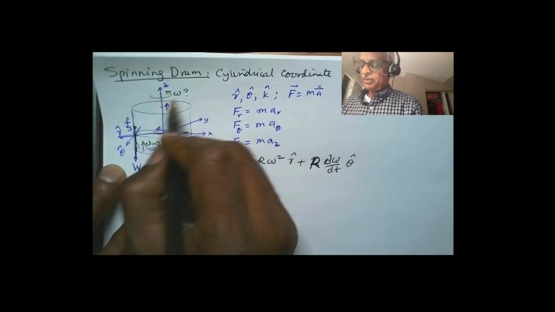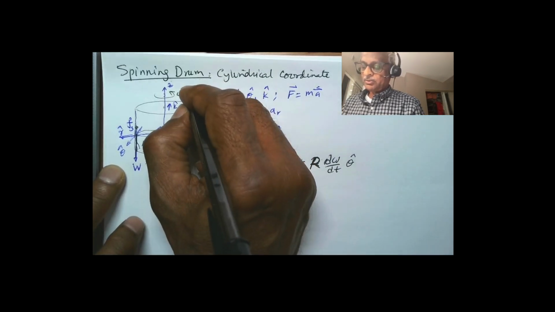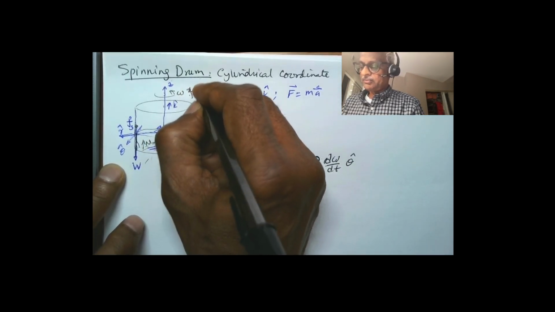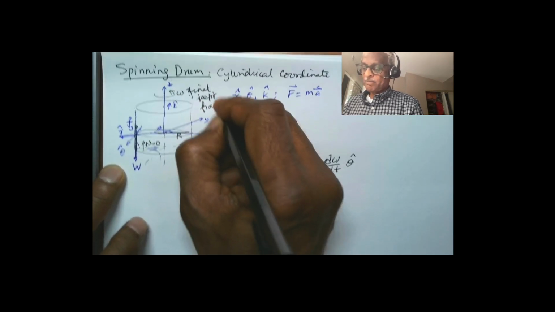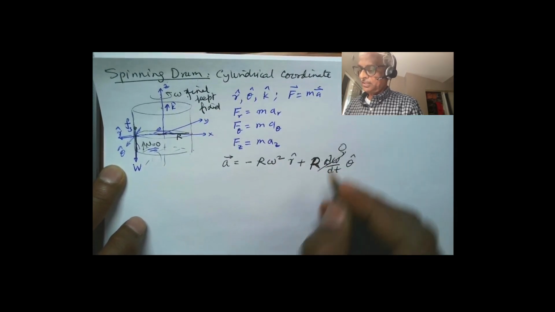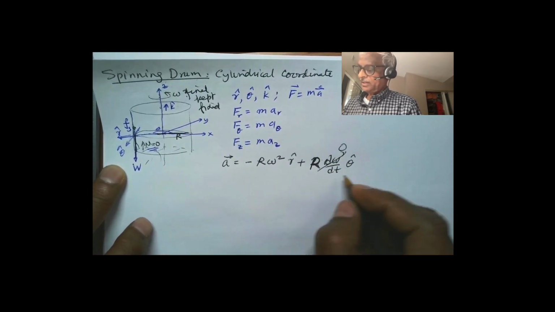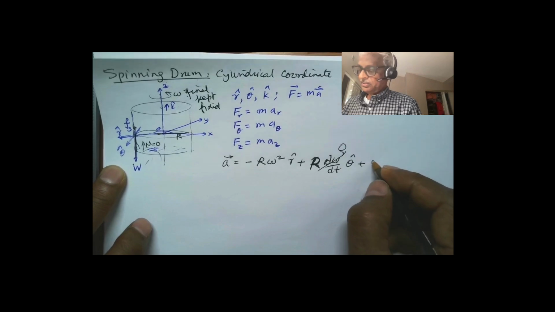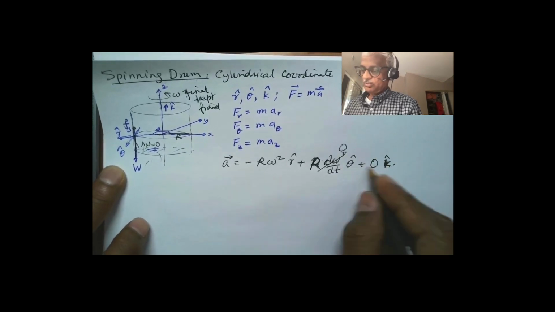Now at this instant omega is kept fixed, so this will be 0. So we have n plus 0 k hat. So this will be a.